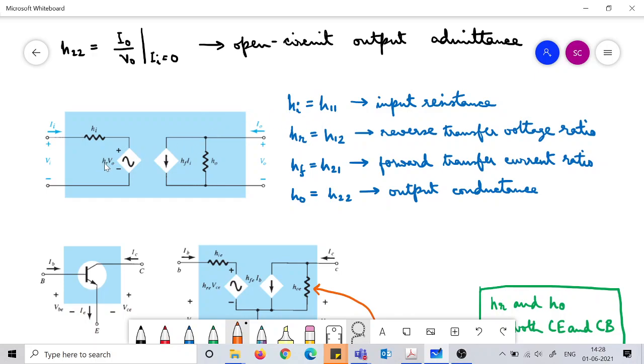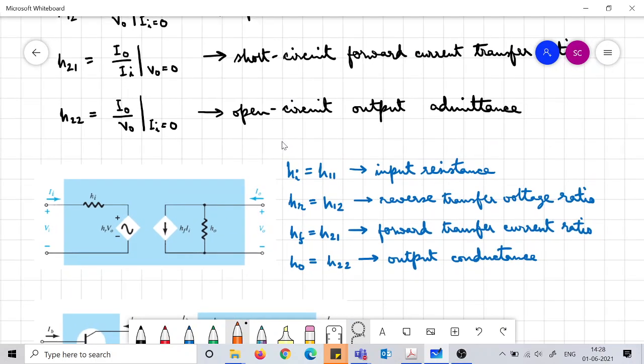What is hr? You see, when the input current is 0, then the input voltage vi is nothing but hr v0. So hr would be h12. Similarly, what is hf? hf is your h21, and h21 is this.